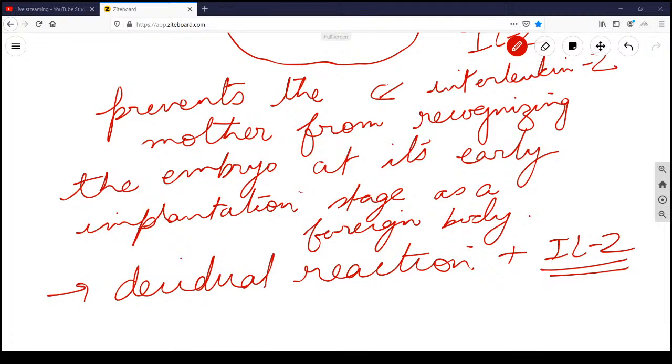The success rate of implantation of transferred embryos remains at approximately 30 to 35% only. It is not very high.